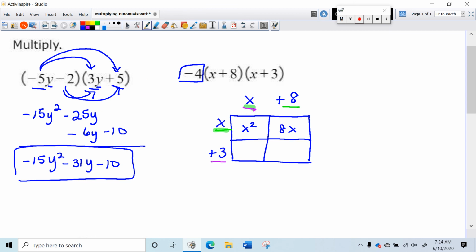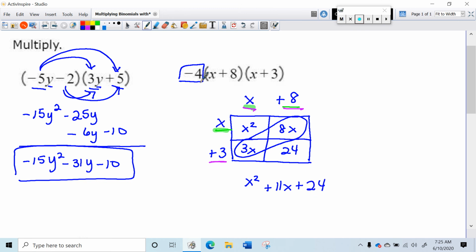Up and over. 3 times x is 3x. And I'm going to go up and over. 8 times 3 is 24. Now these two in the middle can be put together. So right now I have x squared, and then 8x plus 3x is 11x plus 24.